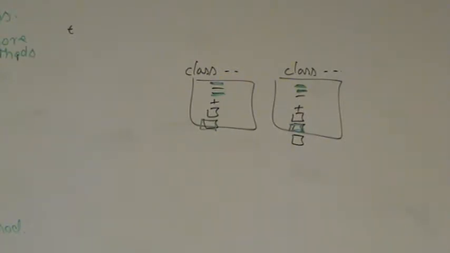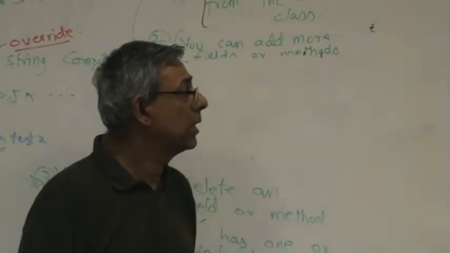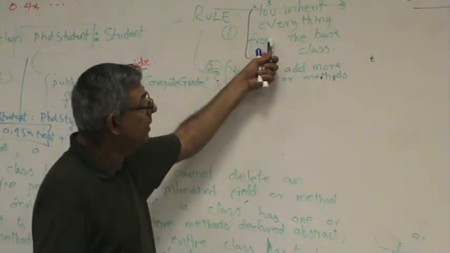So let me emphasize, good programmers do not start with the base class first. Good programmers will create the real physical entity classes first, and then they will discover we are repeating things, and then they'll take the common things out. And the reason is because we inherit everything.